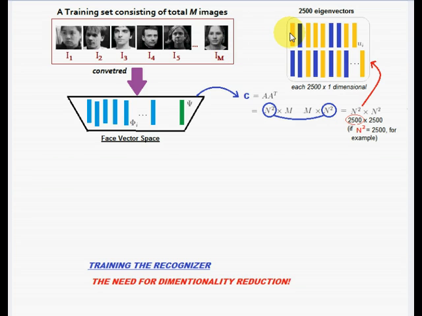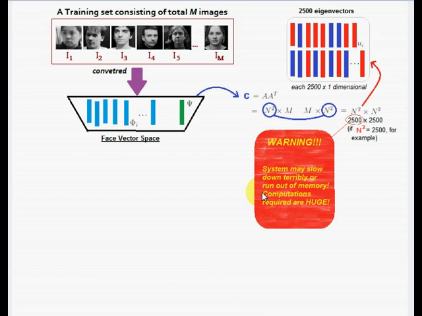So the K selected eigenfaces from all this lot are going to be 100 or below. To find 100 eigenvectors from 2500 eigenvectors is going to be a huge amount of calculations, because not only is the number huge, but the size of each eigenvector is also very big. So the system may run terribly slow or even run out of memory, because the computations are very huge.